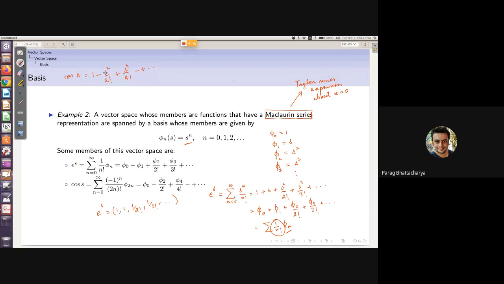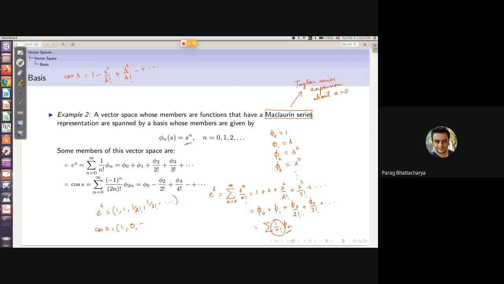So s square, s to the power 4, we can write as phi 2, phi 4, and there is a 1 here, that is phi naught. So we can write cos in terms of this. These are the coefficients. So how can you write down cos s in component form? For phi 0, what is being multiplied? 1 is multiplied. Phi 1, do we see a phi 1 here? We don't see phi 1, so put a 0. Do we see phi 2?